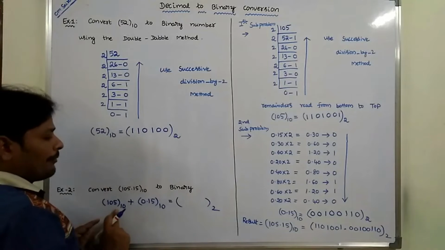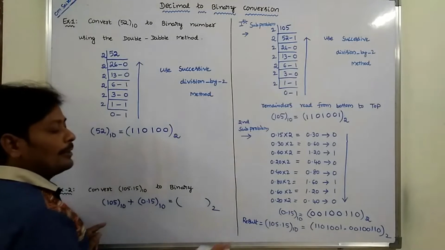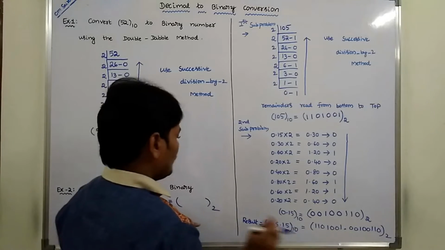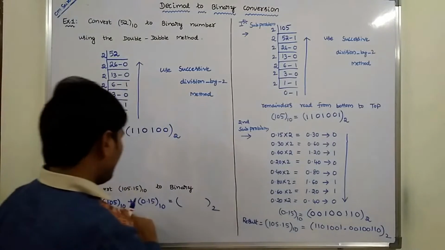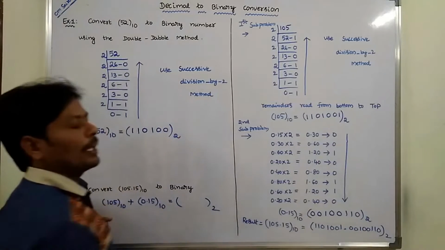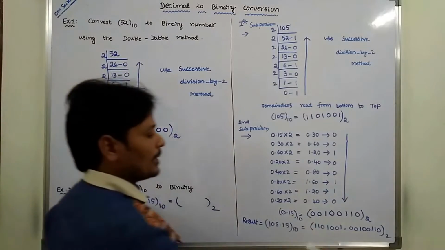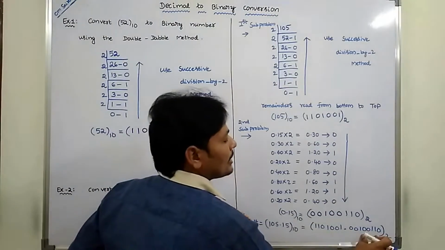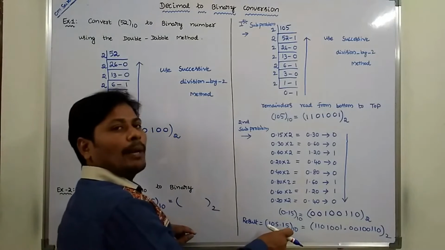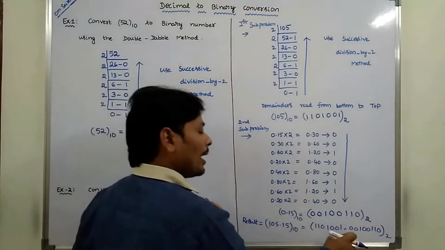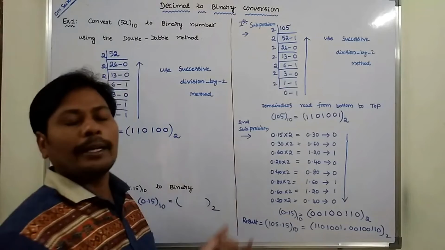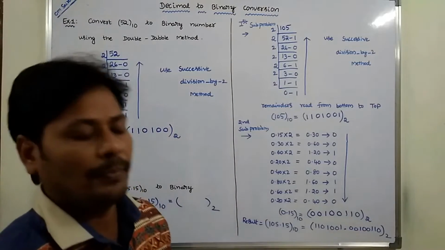So 105 plus 0.15, that is 105.15 base 10, is equal to this result and this result, combined by using the decimal point. So this is the integer part result and this is the fractional part result. Okay, so for this given decimal number, this is the equivalent binary number. Okay, now we go for another example problem.